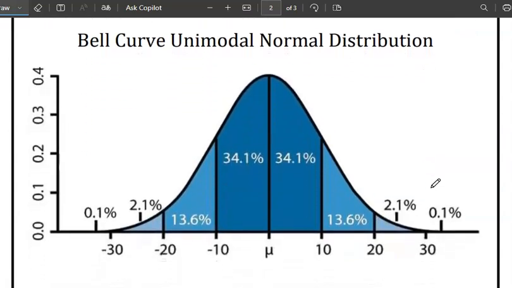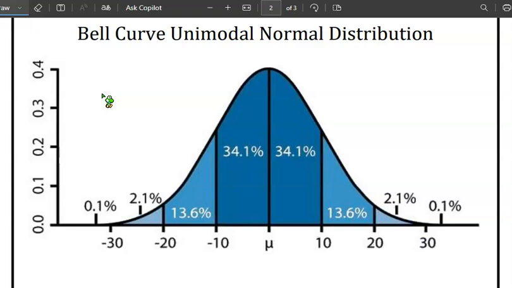We'll mainly be focusing on the normal distribution, the bell curve. The bell curve is broken into different pieces. This letter right here, mu, is the average.